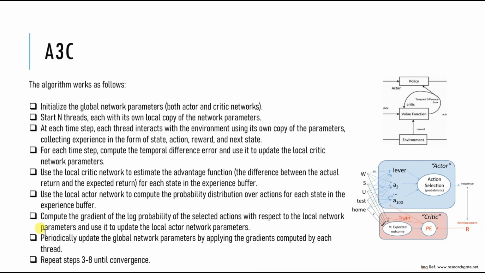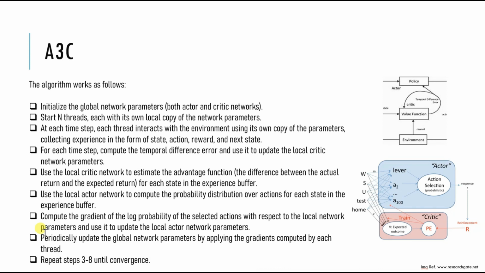Now first the AI agent will initialize its policy and value function networks. After that, these networks will be trained to predict the best move and the expected reward for each move, respectively. Now the AI agent will then play a game of chess against itself only.